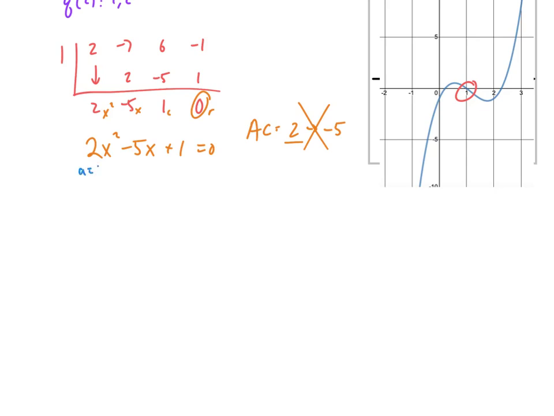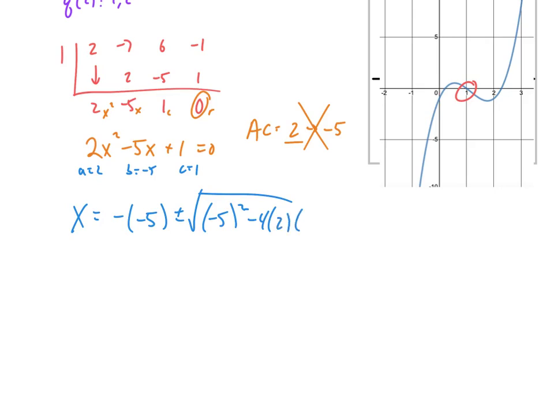So A is 2, B is -5, and C is 1. So x equals -b plus or minus the square root of b squared minus 4 times A, which is 2, times C, which is 1, all over 2 times 2, which was A.